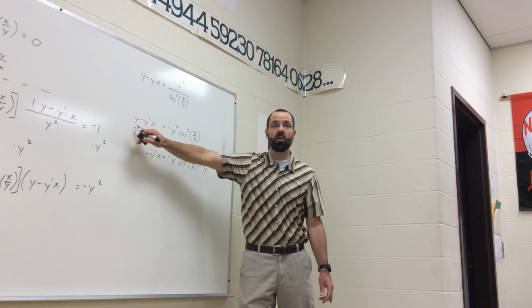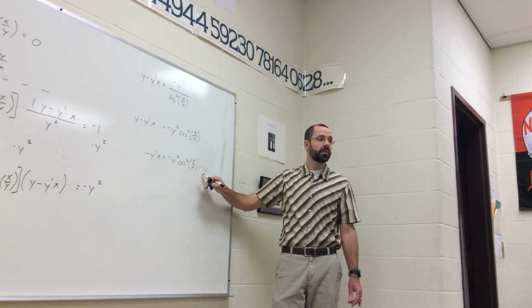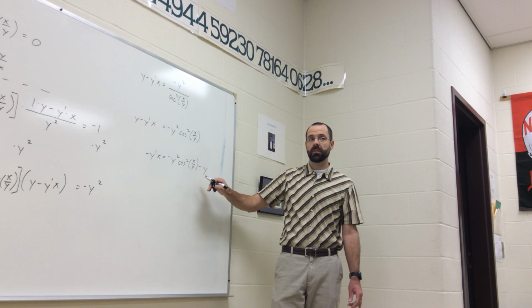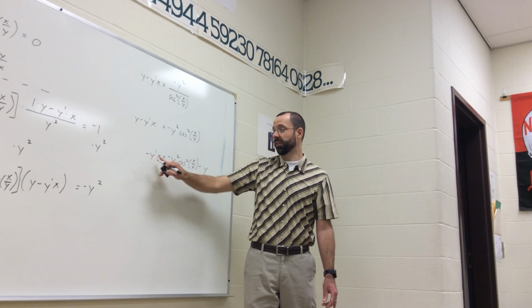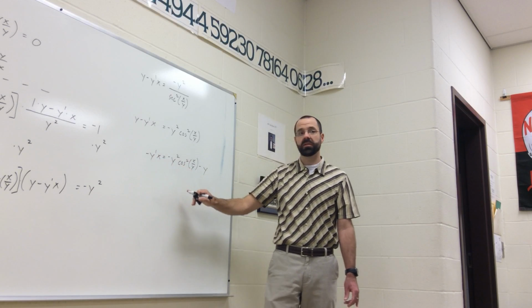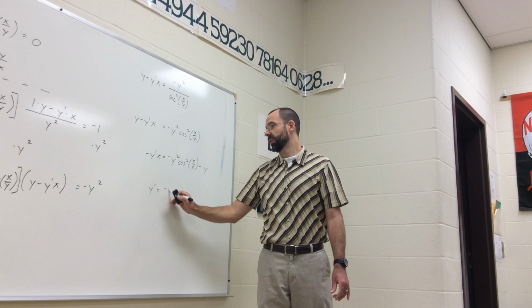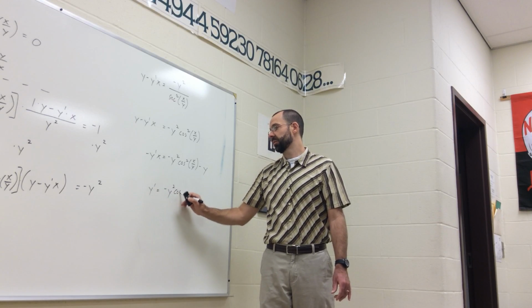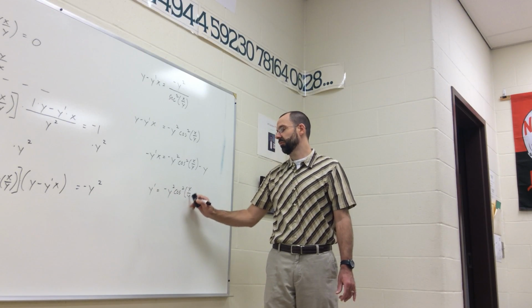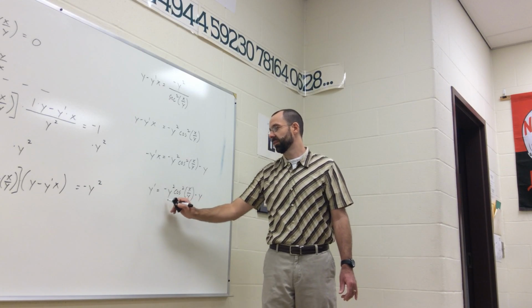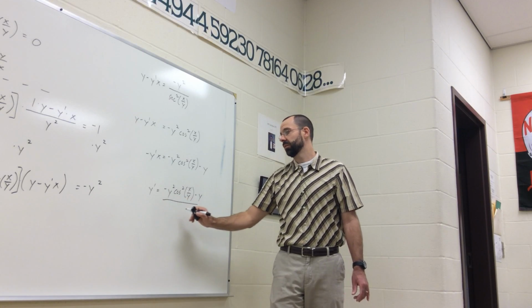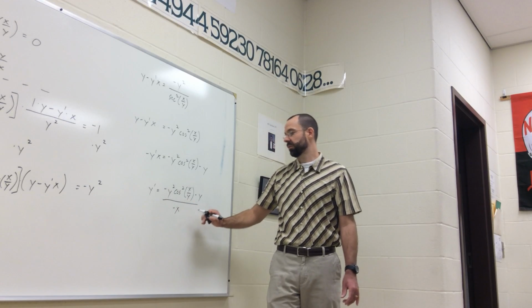So that was just minus y to the other side. And then we're going to divide by the negative and the x to get y prime by itself. So y prime equals negative y squared cosine squared of x over y minus y divided by negative x.